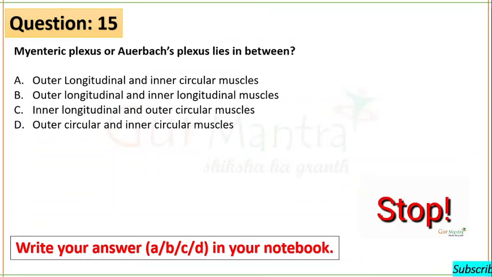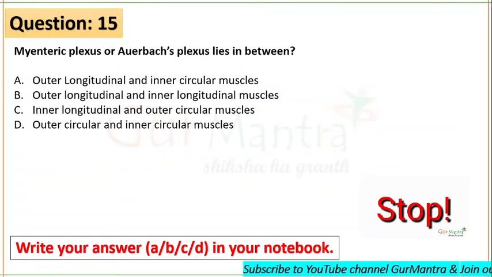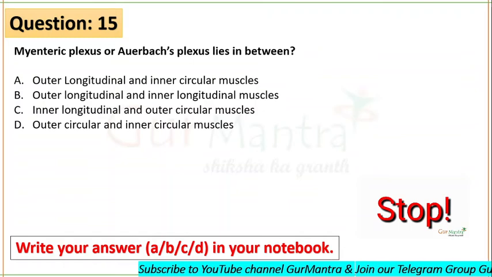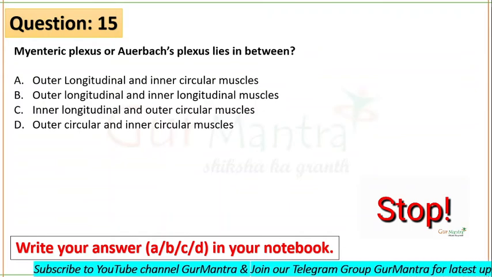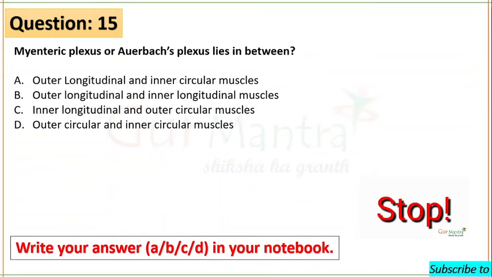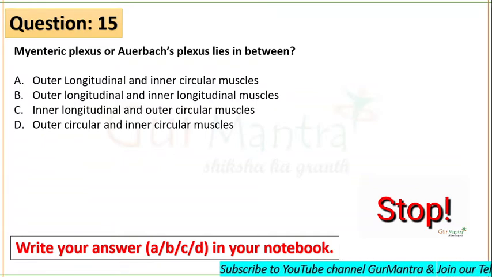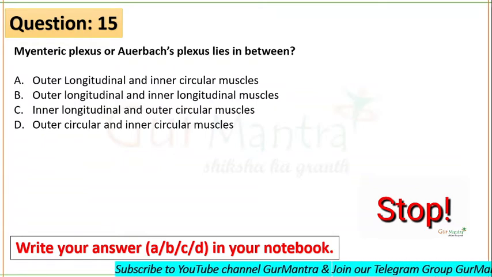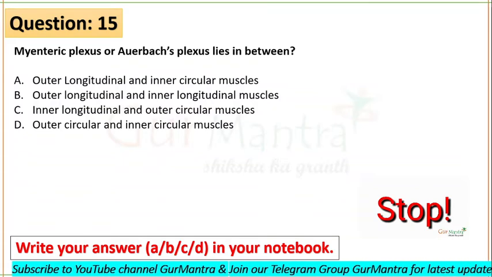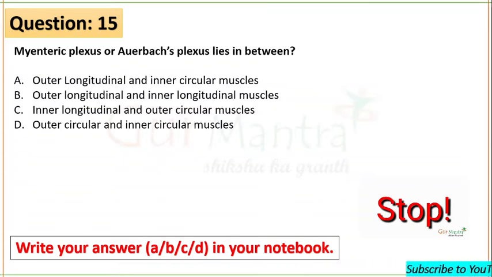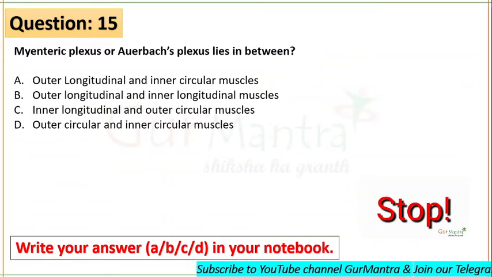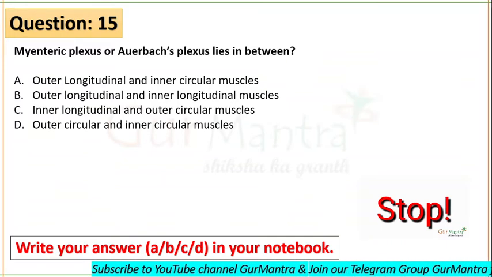Mesenteric plexus or Auerbach plexus lies in between the outer longitudinal and inner circular muscles. A is your right option. There is a layer in your stomach wall, and you must be aware of it: the muscularis propria or muscularis externa, which is dominated by smooth muscle cells in two layers, an inner circular layer and an outer longitudinal layer.